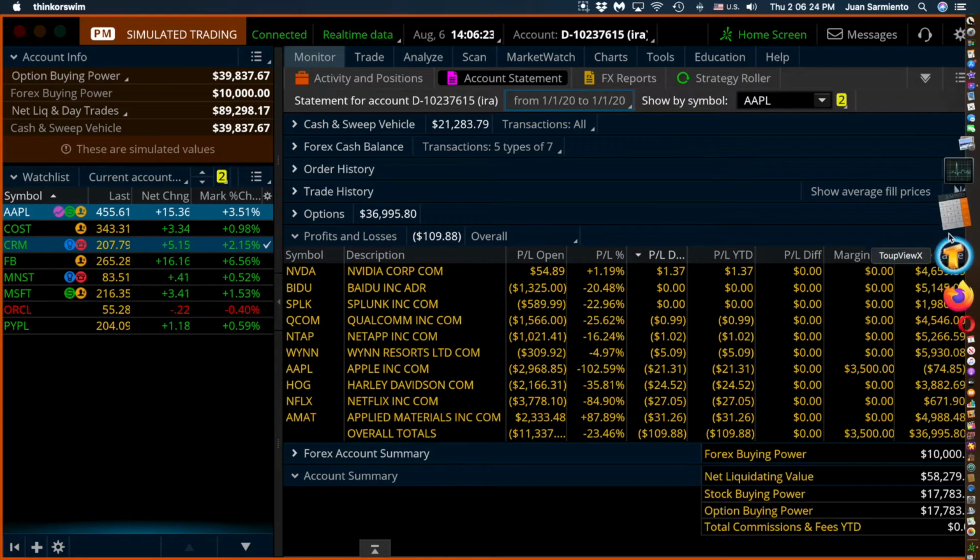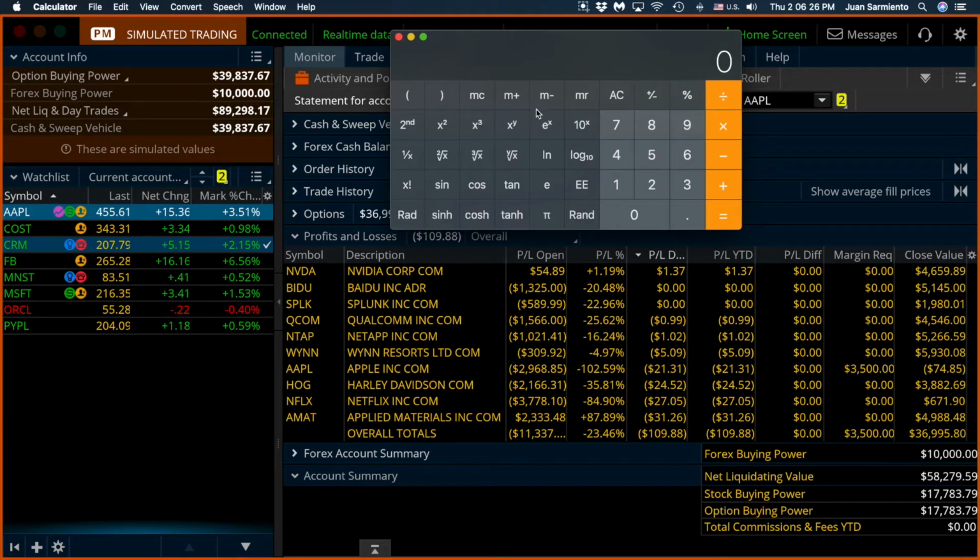So let me just grab a calculator here, and I'm going to clear the memory and enter the account liquid value at the time, January 1st, so that we can calculate how far we have gone this year in terms of percent. Okay, so I'm going to save that, $58,000. And right now we are at, this is the account value today.